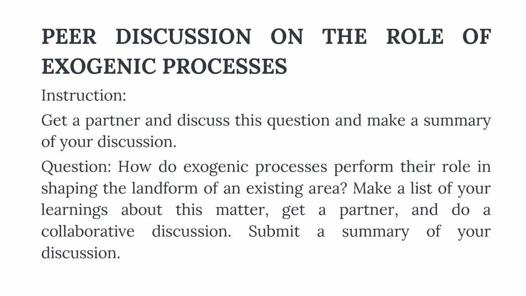How do exogenic processes perform their role in shaping the landform of an existing area? Make a list of your learnings about this matter, get a partner, and do a collaborative discussion. Submit a summary of your discussion. And of course, on our next meeting, I'll be calling you by pair and we will be hearing the summary of your discussion.